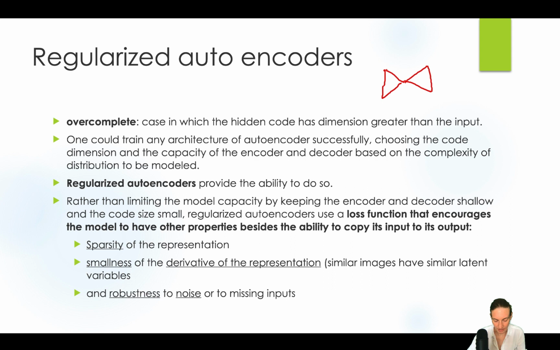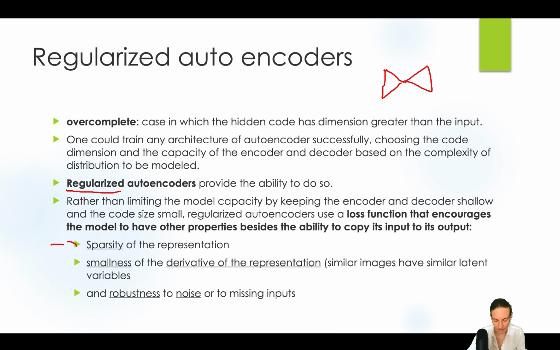We have something called regularized autoencoders that give us the ability to use a slightly larger code size, but still encourage the model to have other properties besides just its ability to copy the input to its output, to reconstruct the input. So regularized autoencoders typically have sparsity of representation.